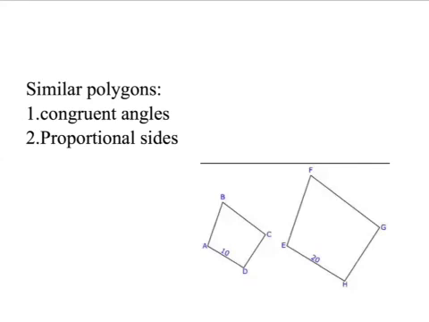If we look at these two polygons, these two quadrilaterals, we can say that ABCD is similar to EFGH. If we know that, then we know that their corresponding angles are all congruent.